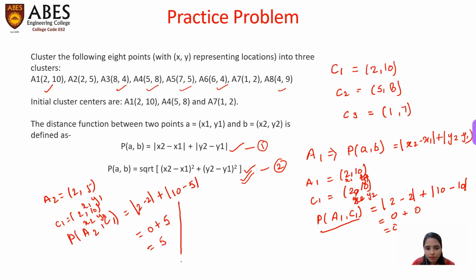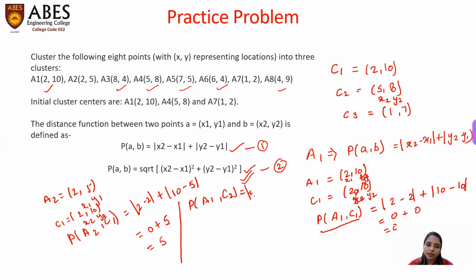In the next step, we will calculate the distance of all these data points from the center of cluster 2. So P of A1 comma C2: A1 is 2, 10, so x1, y1 is 2, 10, and now x2, y2 is 5, 8 because now we are calculating the distance from the center of cluster 2.